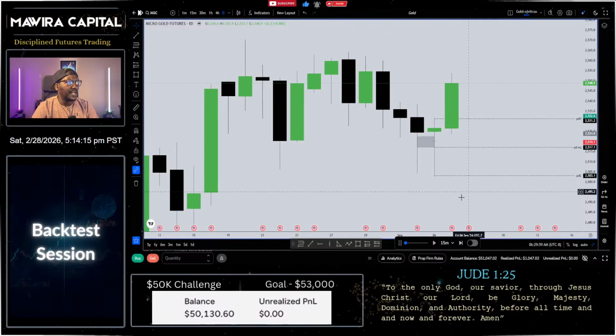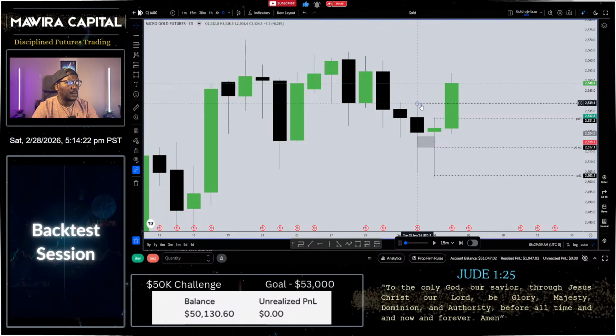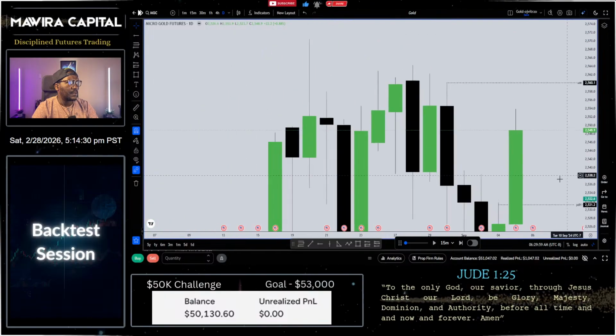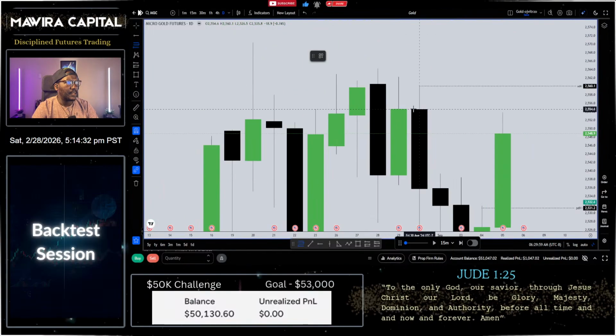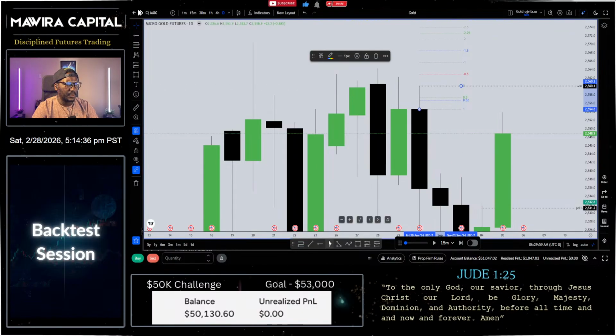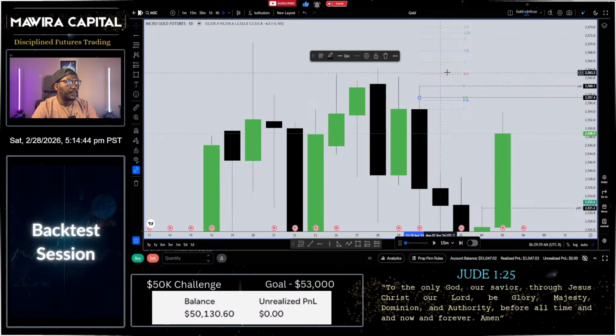So what do we have here on the daily? We just ran that old daily high, so I don't need to mark it. There we go, old daily high. And then I like this week, going to divide it by 2, and then we're going to note the half, which is right there.